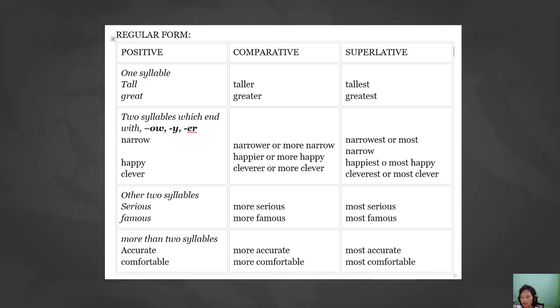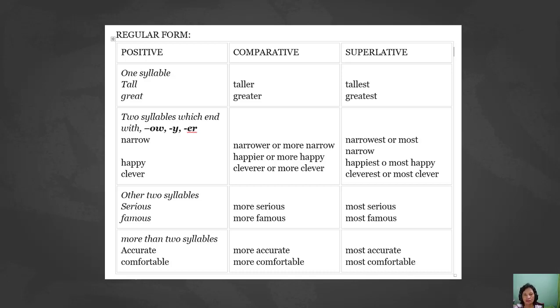The comparative is used when we want to compare two things, two persons, or two qualities sometimes. And superlative is used when we want to compare more than two persons or things. So the comparison is among things or persons.